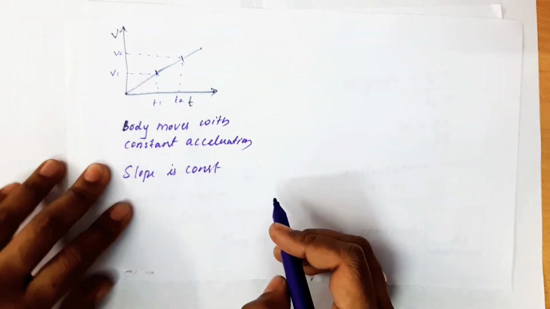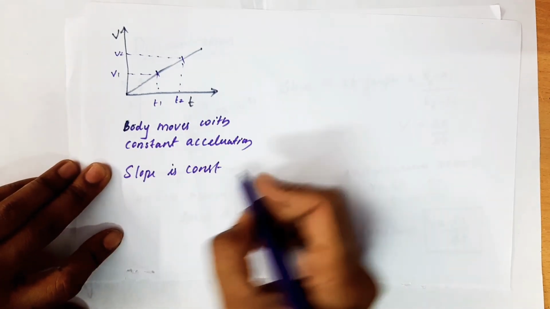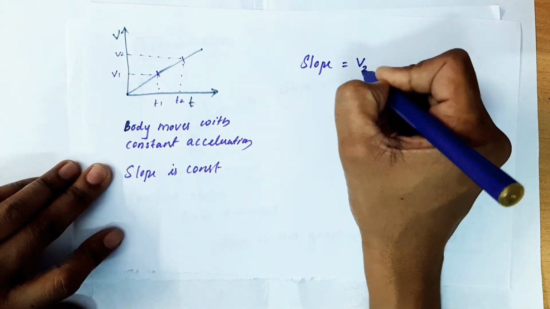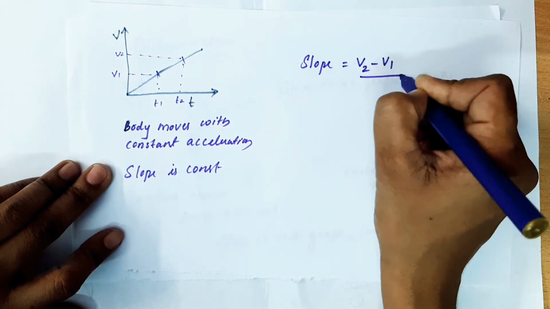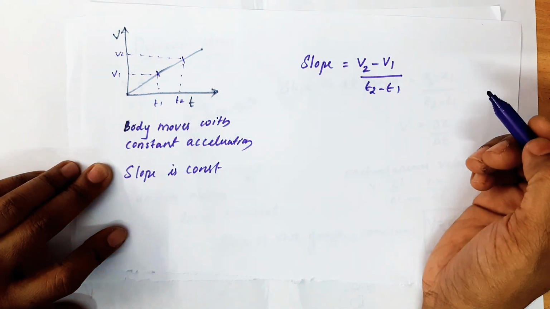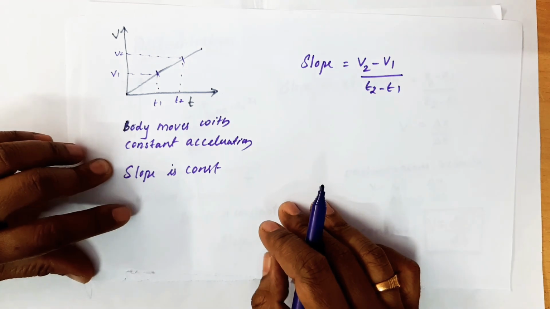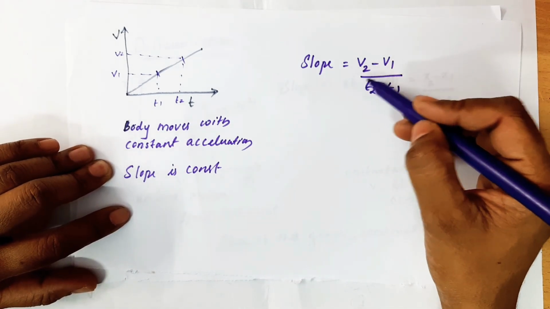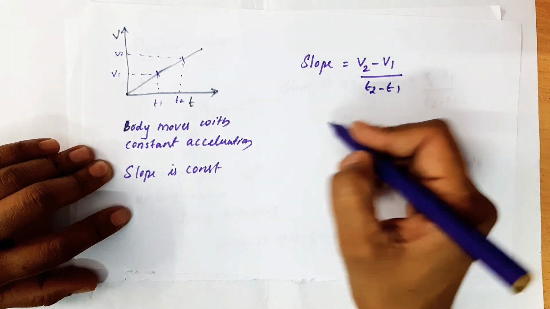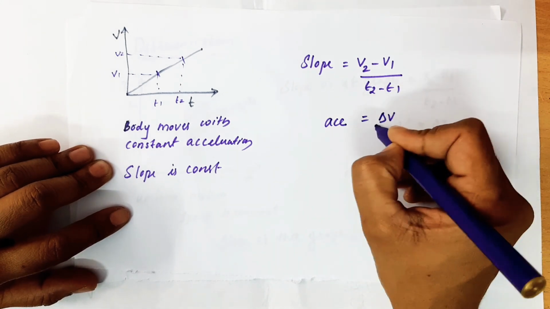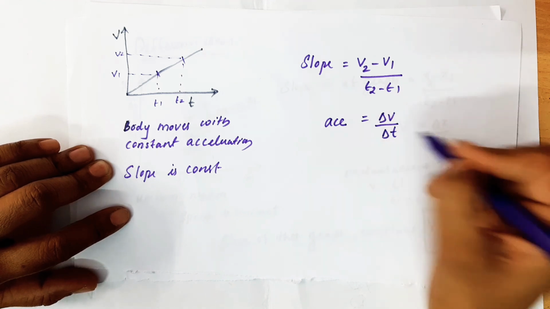So how can you take the slope? What is slope? Tell me. (v2 minus v1) by (t2 minus t1). In the same previous way, what is the meaning of change in velocity with respect to time? That is nothing but the acceleration. I can write delta v by delta t.